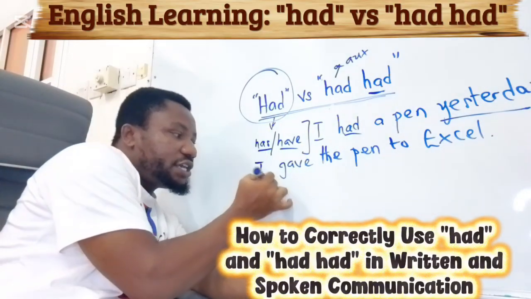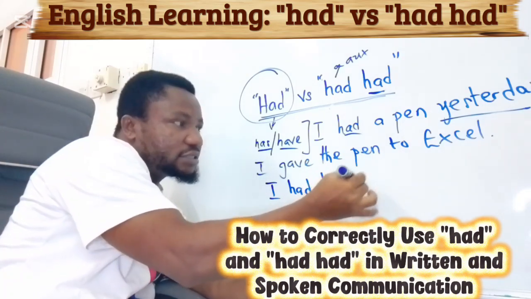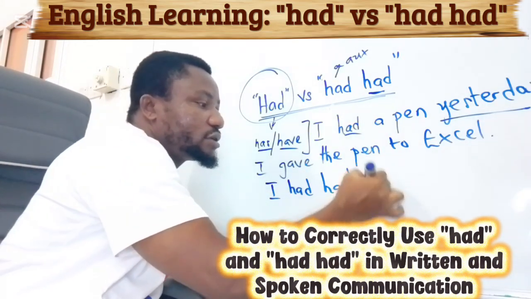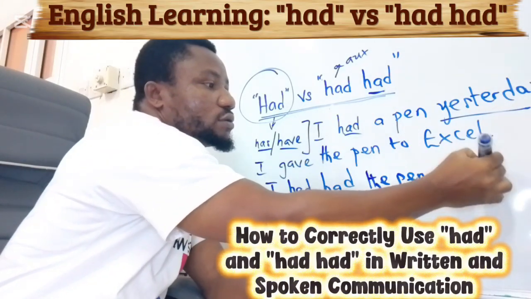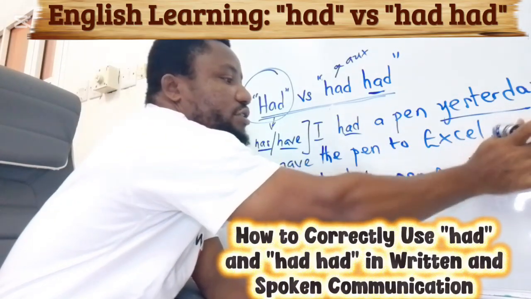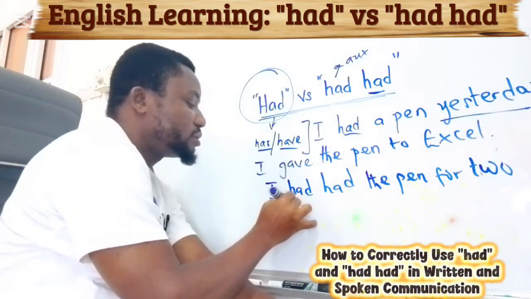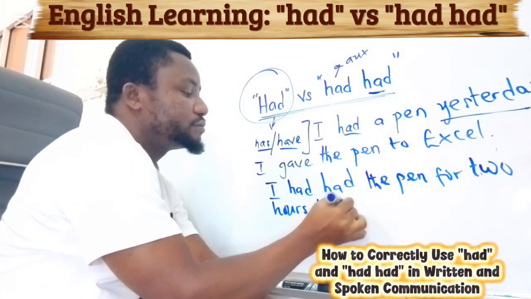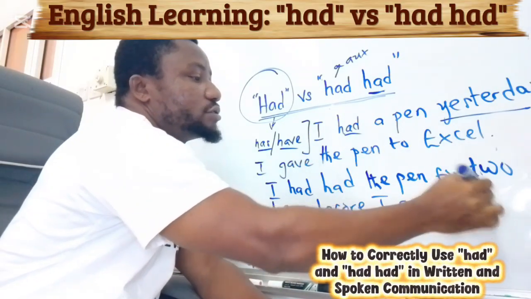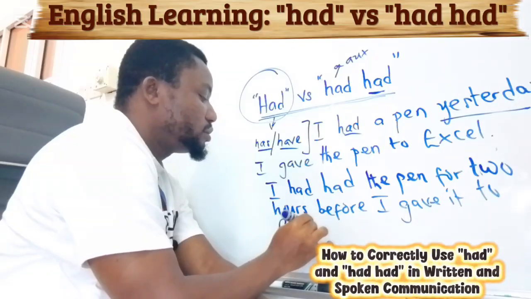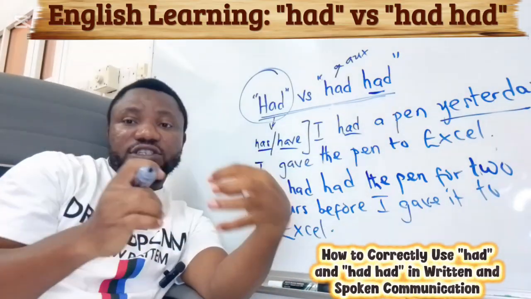In that case, I would say, I had had the pen for 2 hours before I gave it to Excel. So this is how you correctly use had had in succession in a sentence.